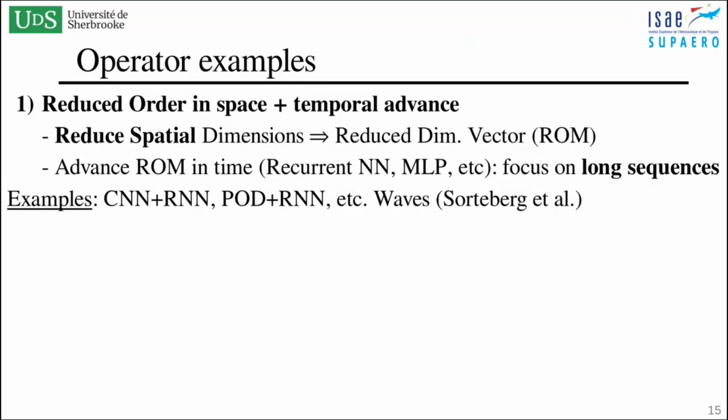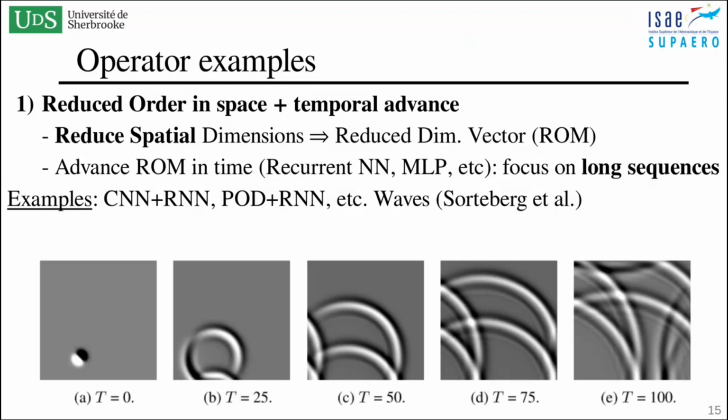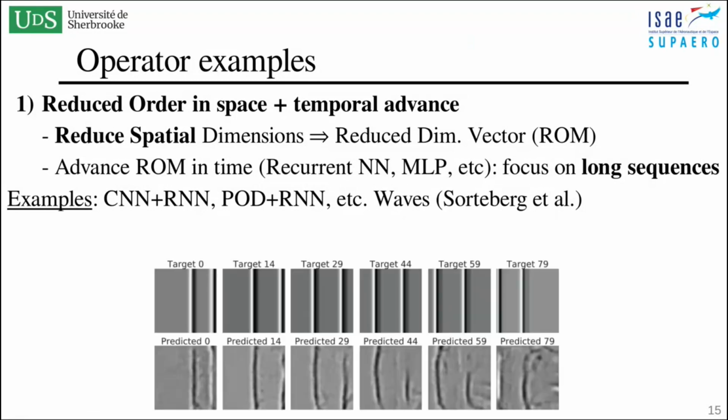And this is typically found in a wave application by Sorteberg et al., where they train a surrogate model using this approach on this type of cylindrical waves, and then they test the generalization capacity of this approach on plane wave initial conditions, as you can see here.